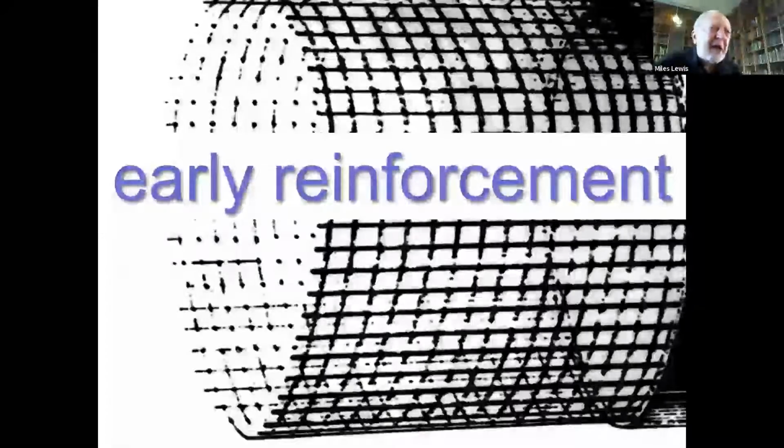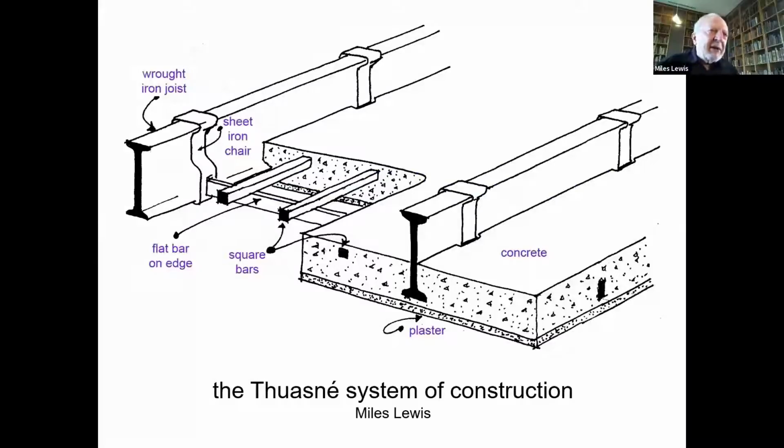Now, turning to the idea of reinforcement. As I said, what we've seen so far has not been reinforced, certainly in any scientific way. There were early attempts to create some sort of reinforced work. This one here in Paris, the Toisonnet system, was developed because there was a strike of carpenters. It became impossible to build timber floors in Paris.